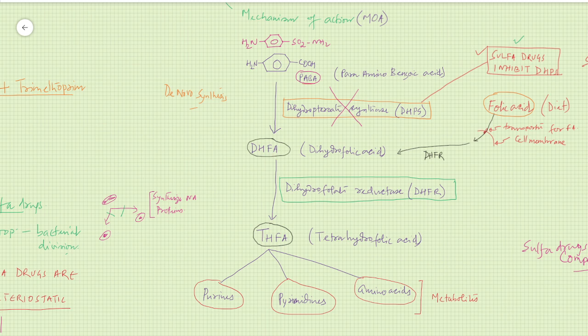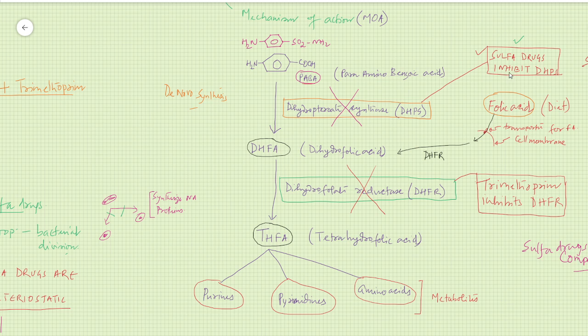Okay, so dihydrofolate reductase is inhibited by which drug? Trimethoprim. Trimethoprim inhibits dihydrofolate reductase. So that is the mechanism of trimethoprim.